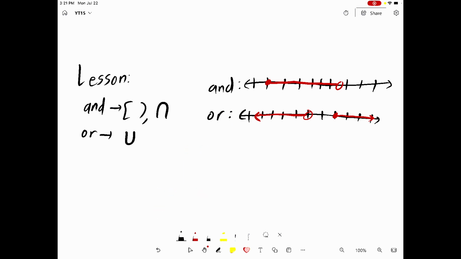Normally with "and," you would have something like parenthesis bracket, the intersection symbol, and with "or," you would only have the union symbol with the two limits. To the right are the two graphs, which show the general forms for what the graph should look like. So if you're graphing any of these and it looks way weirder than this, then you're probably doing something wrong. And you should always check your work.